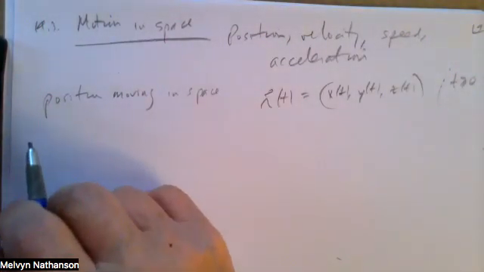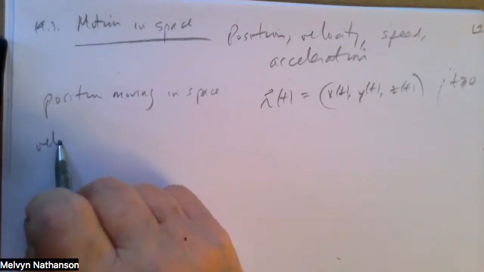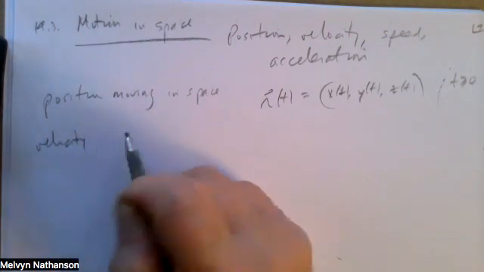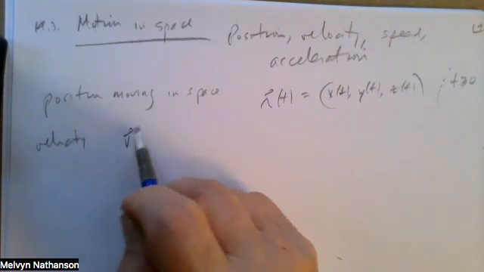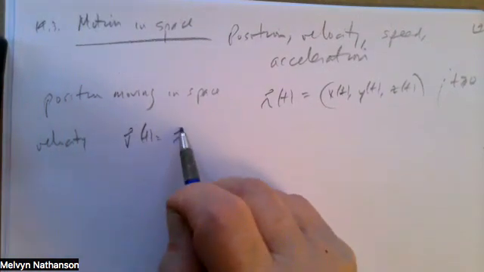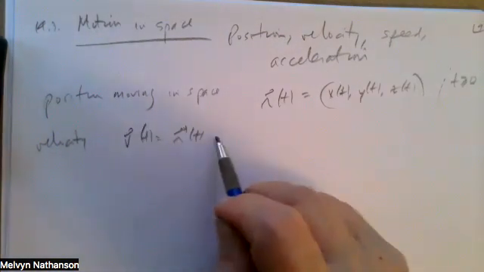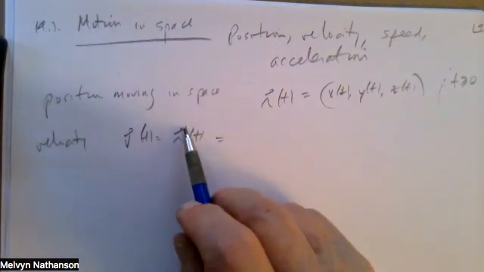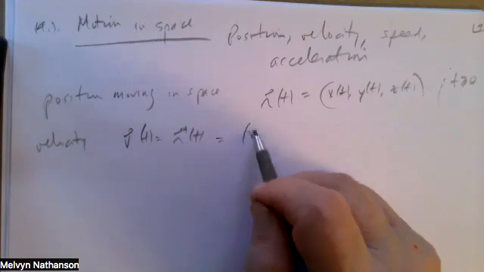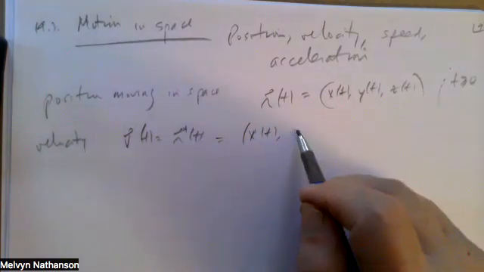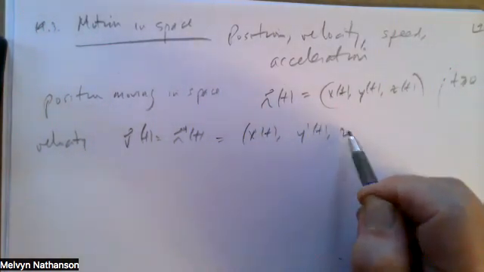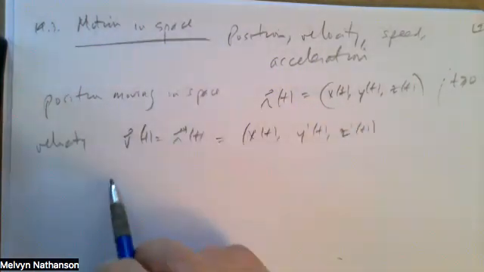The velocity is v of t, which is the derivative of r of t, just the position vector. It's just the derivative vector, the tangent vector. This is x prime of t, y prime of t, z prime of t.